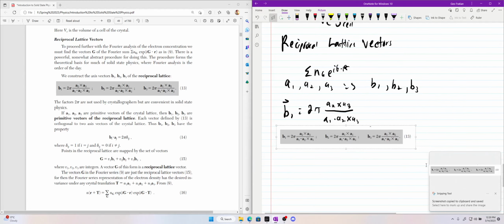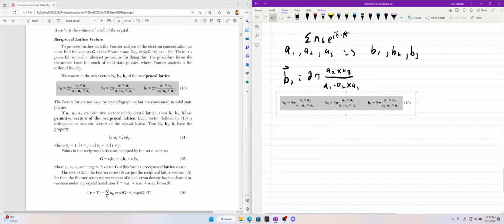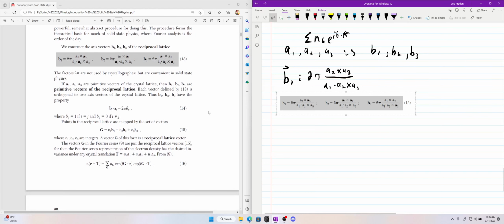And normally in crystallography, we don't really use the factor of 2 pi. But for solid state physics, it's convenient because we can see where it comes from. So if A1, A2, and A3 are the primitive vectors of the crystal lattice, then B1, B2, and B3 are the primitive vectors of the reciprocal lattice. So each vector defined by 13, this equation here, is orthogonal to 2 axis vectors of the crystal lattice.